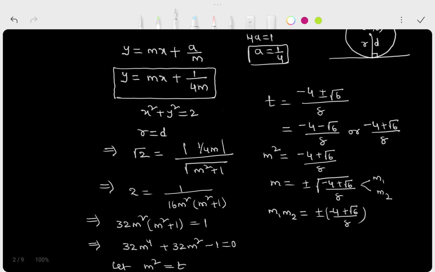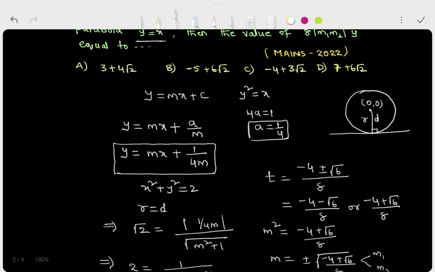Now, taking the plus or minus to this side, it becomes the modulus of m1 into m2, which is equal to minus 4 plus root 6, whole divided by 8. Now cross multiply.